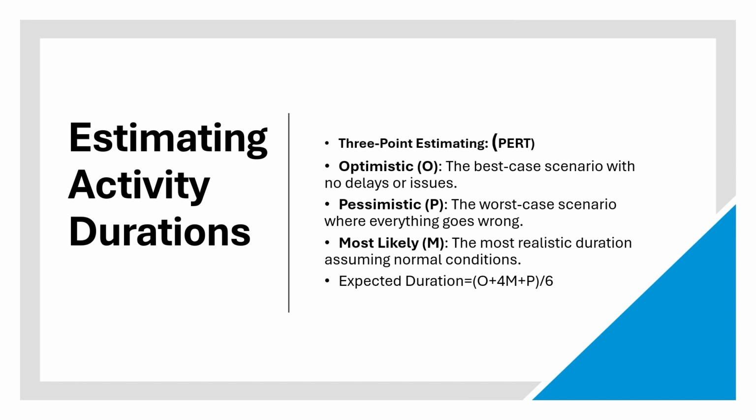So we simply use this formula: optimistic plus 4 times most likely plus pessimistic, divided by 6. So 4 plus 12 plus 4 times 8, divided by 6. So our activity duration will be 8 days.